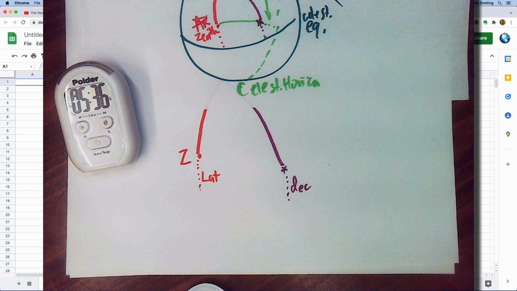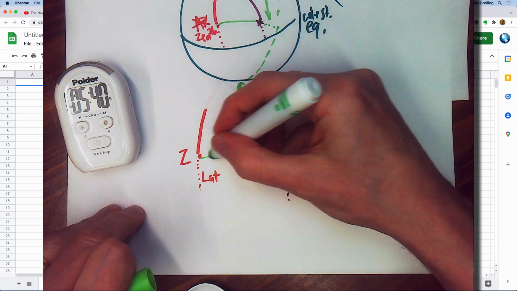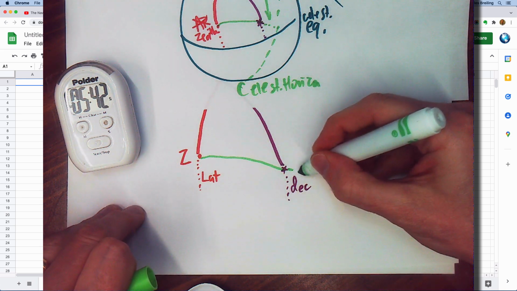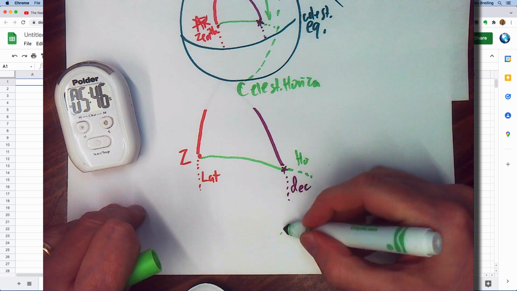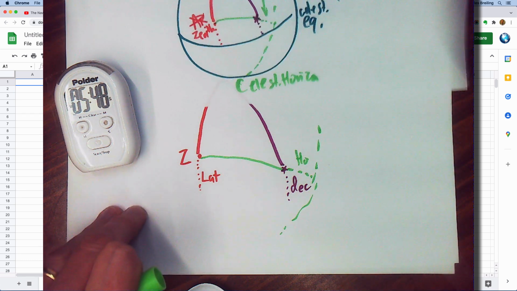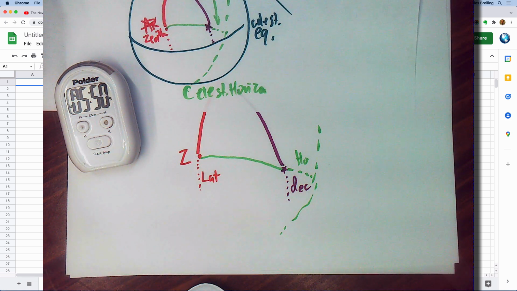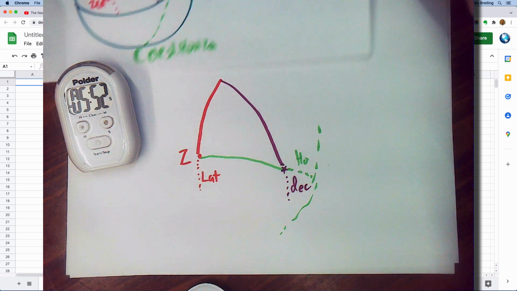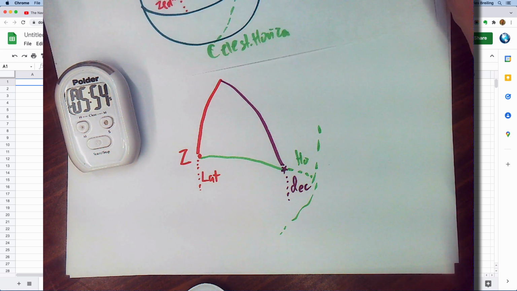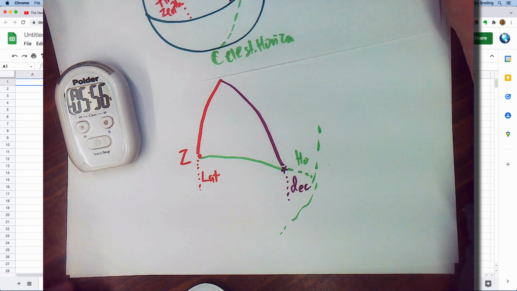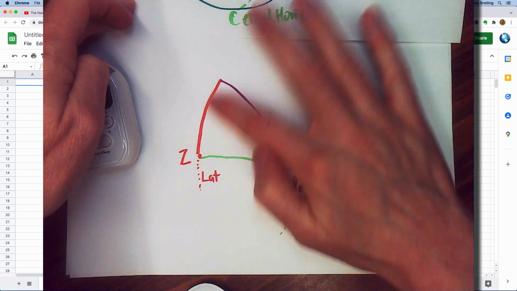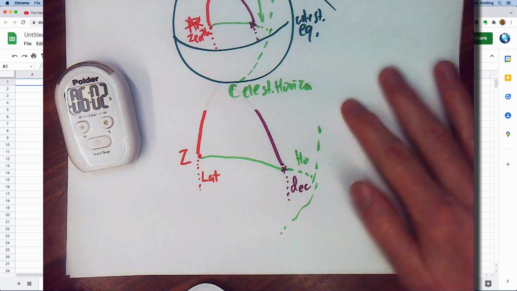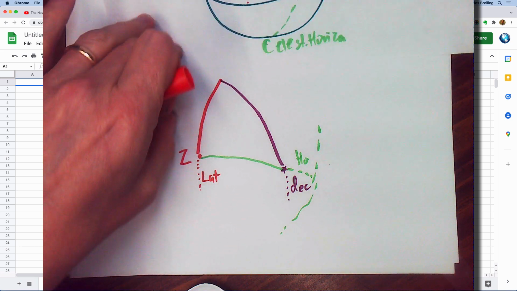And then we've got the sighting to the body, and then this is actually our H sub O, and this is to the celestial horizon. Now, there are a couple things that we know. First off, we know our latitude, or at least we know the latitude of the assumed position. So we can figure out this one, which I'm just going to label CoLat.